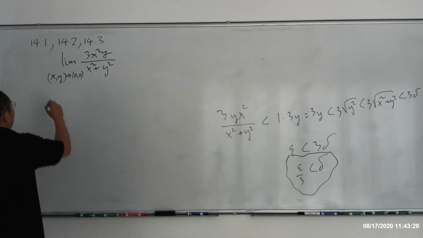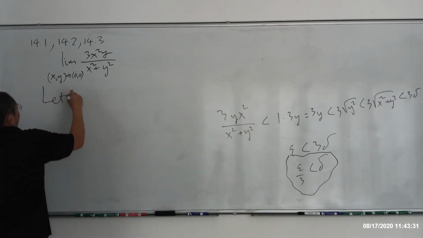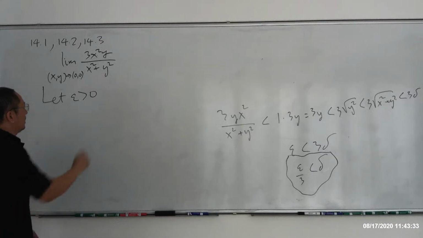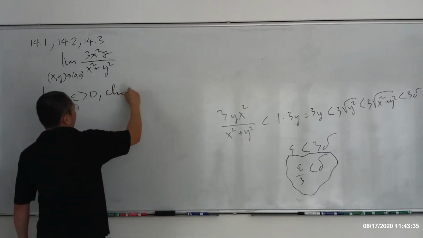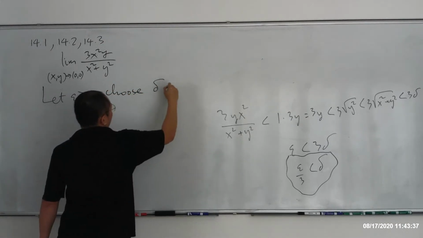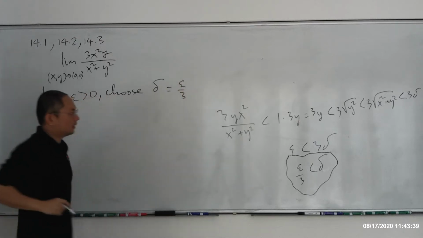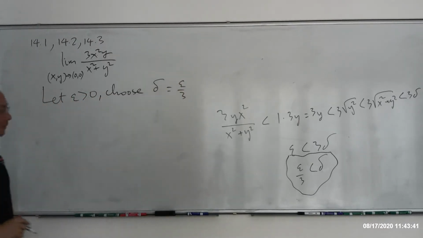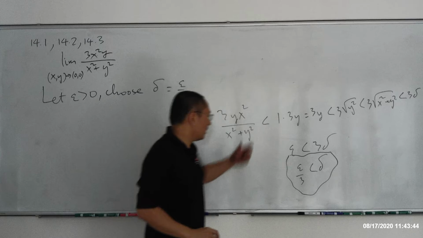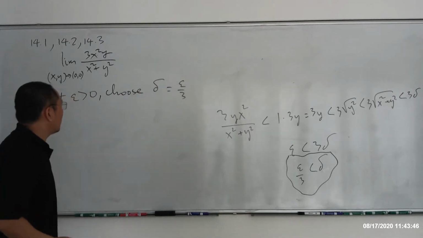All right, so first of all, you have epsilon positive. I'm going to choose delta to be epsilon over 3. Okay, got from here. Greater than epsilon over 3, but I think equal is good enough.